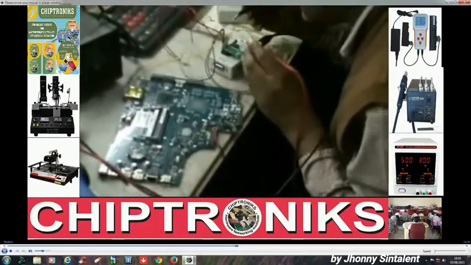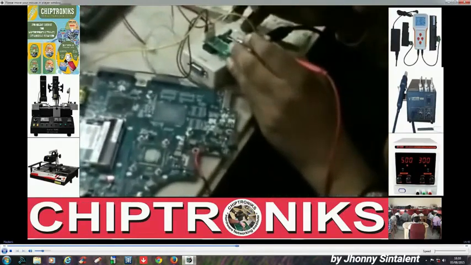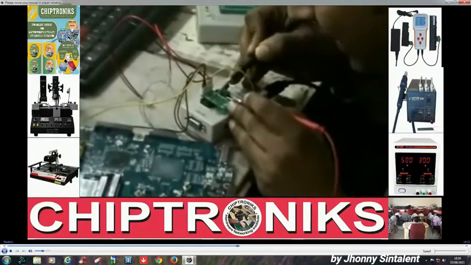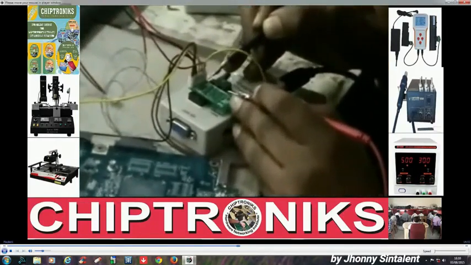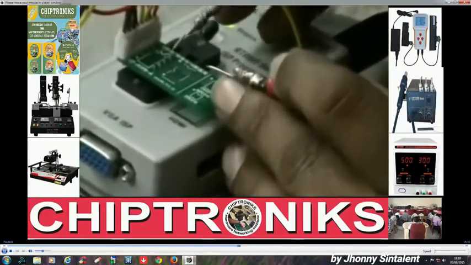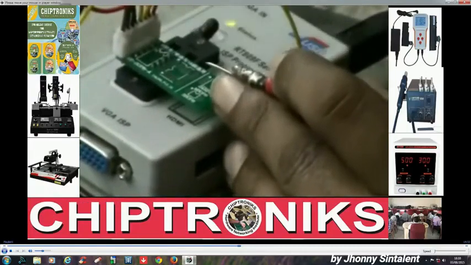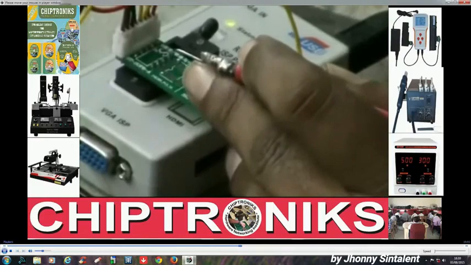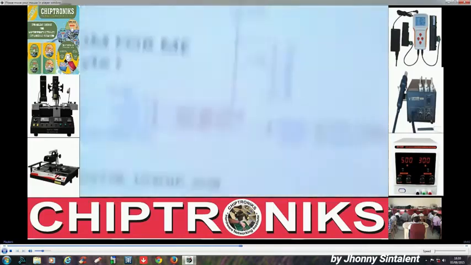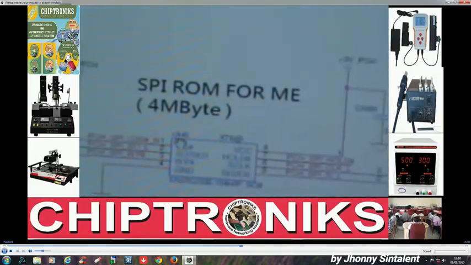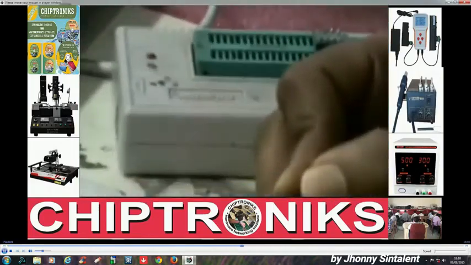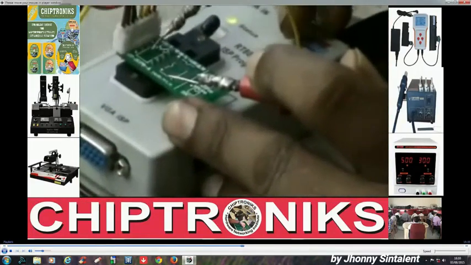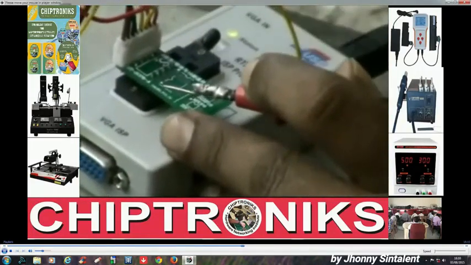You can see over here there are 4 and 8 pins, 1, 2, 3, 4, 5, 6, 7, 8. Why 8 pins? Because SPI requires 8 pins.